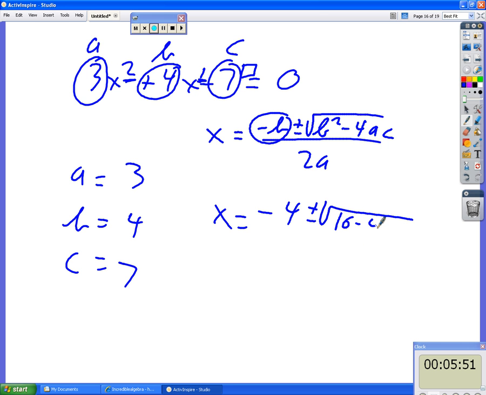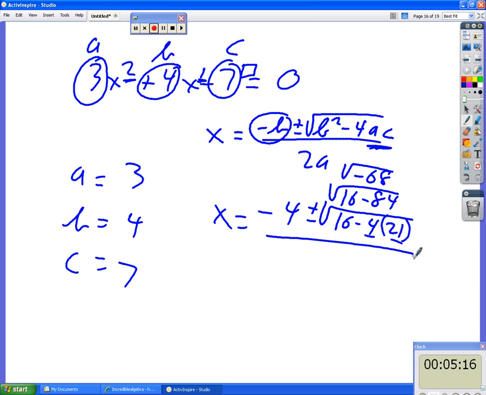I go minus 4, always, and then I take a times c. I multiply the a and c together. A is 3, c is 7, 3 times 7 is 21. So now, inside the square root, I have 16 minus 4 times 21, which is 84. The negative is bigger, so it's negative, and 84 minus 16 is 68.